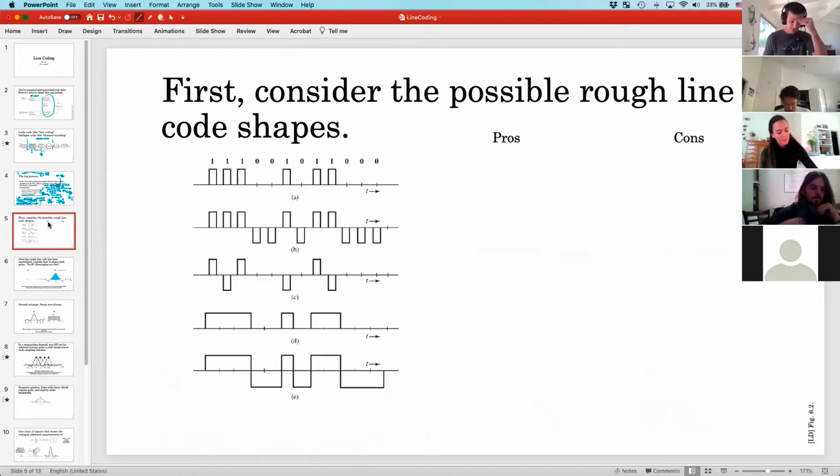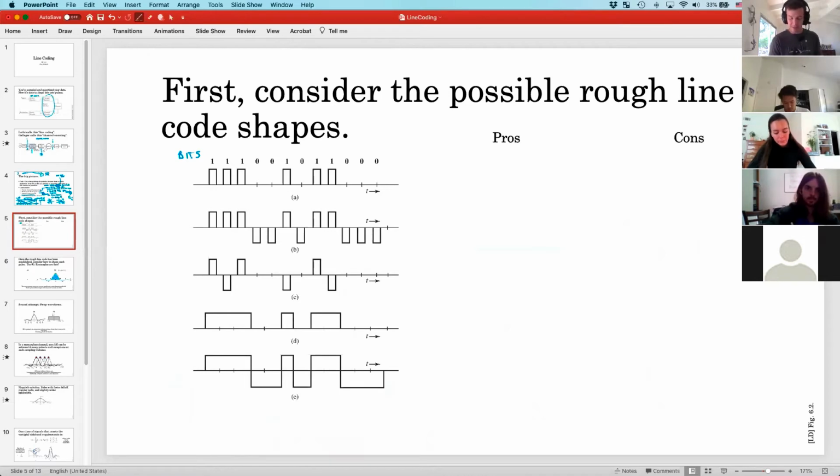So let's talk about the different possibilities for turning bits into voltage waveforms, if you like, or signals.